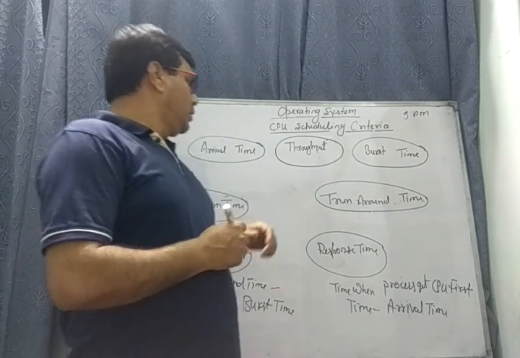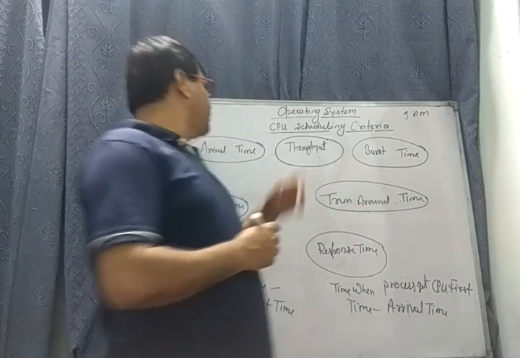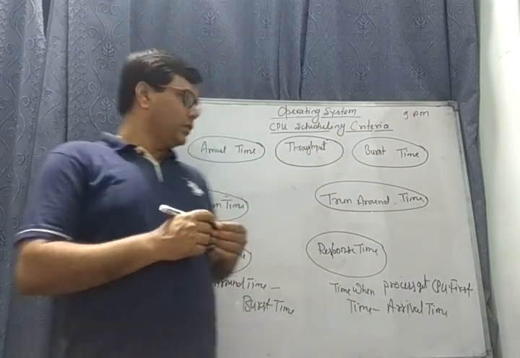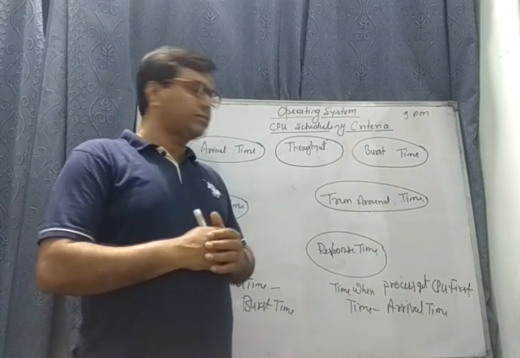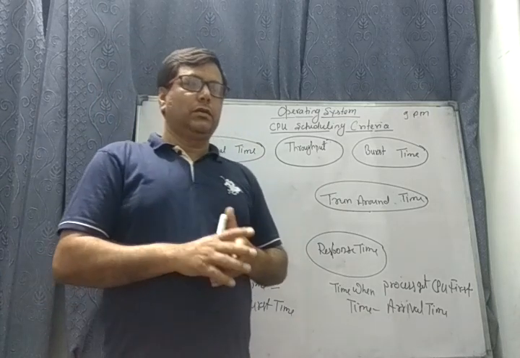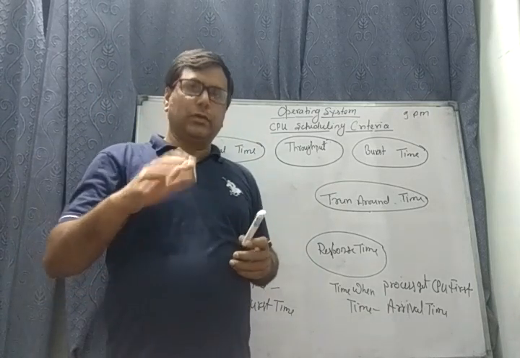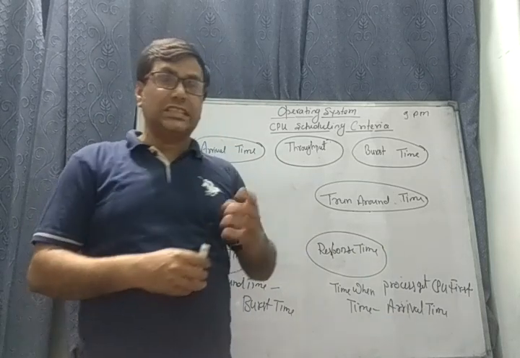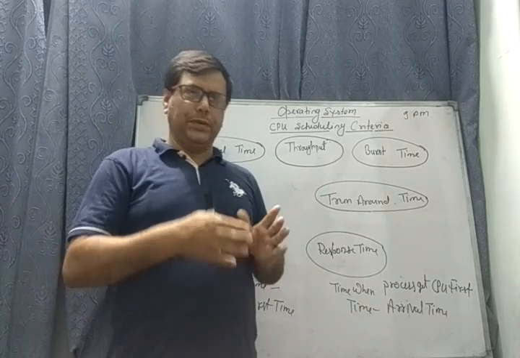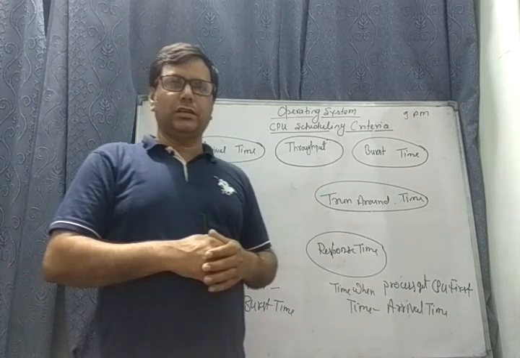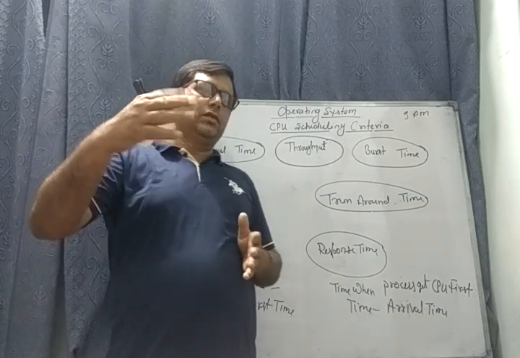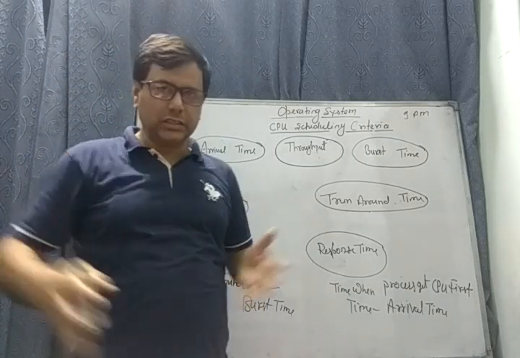Now, next is turnaround time. Turnaround time refers to the total time taken by a process in a system. For example, a process enters into the ready queue, waits, gets executed, meanwhile it may wait, and after completing it comes out from the system.